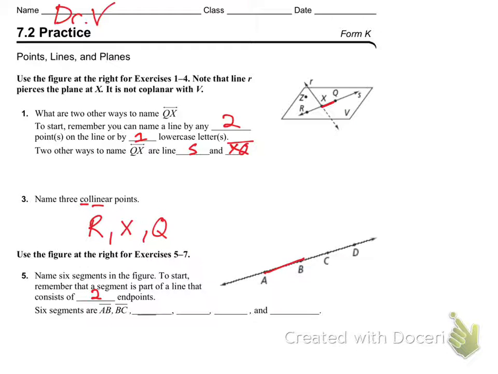And then we have B to C. So obviously we can finish that with C to D. Then we can also do A to C, and then A to D. Make sure you put these segment lines over it. And then since we finished with A, C, A, D, we already did B, C, so what about B, D?